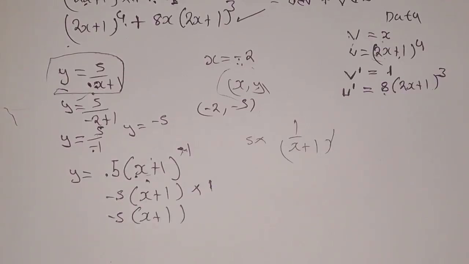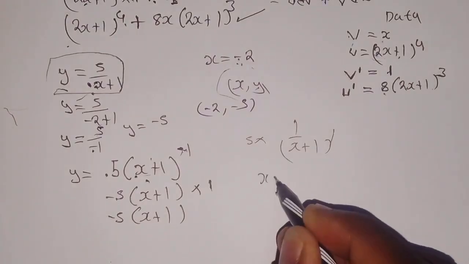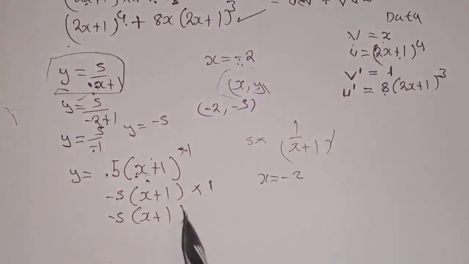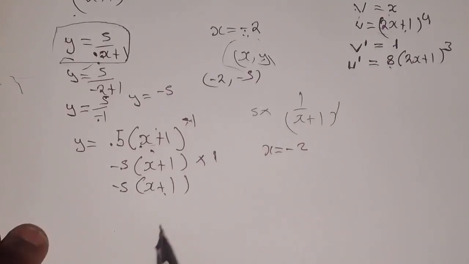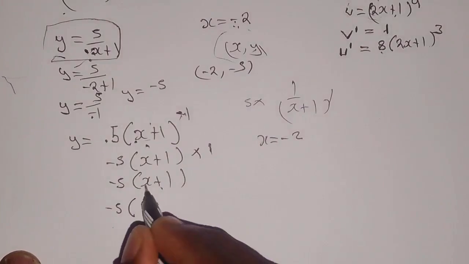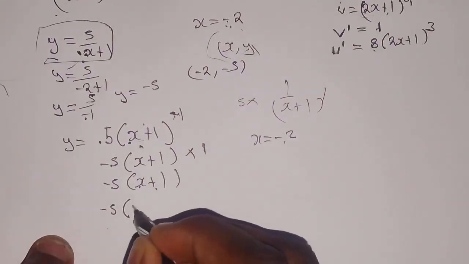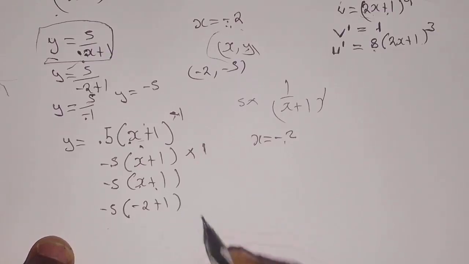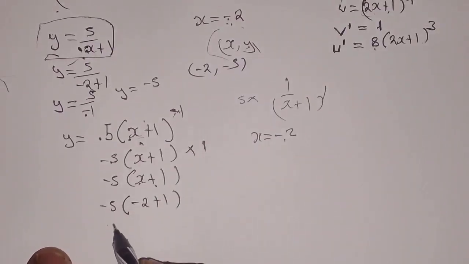Since you know the value of x, which is negative 2, just replace it in this gradient to find the original gradient. So negative 5, where there's x, we put negative 2 plus 1.